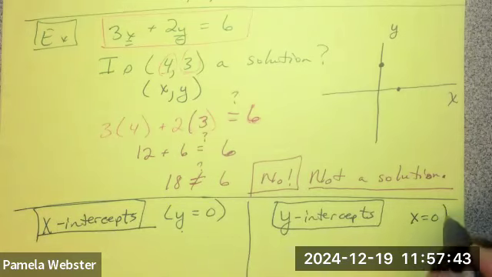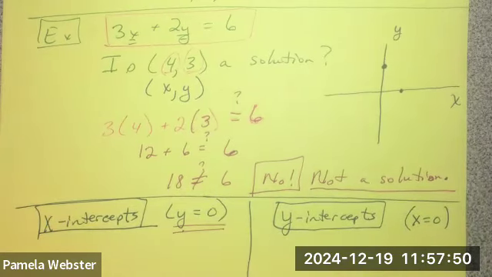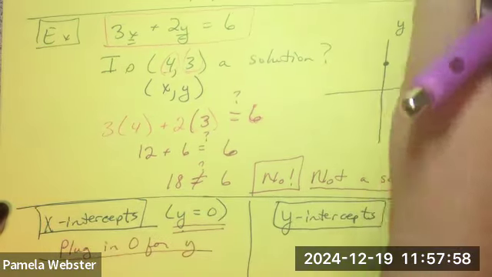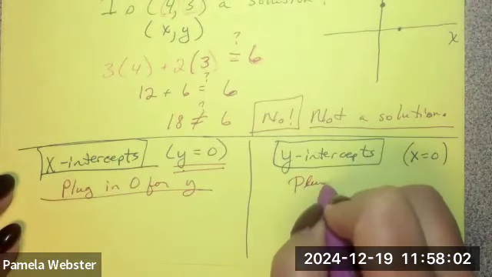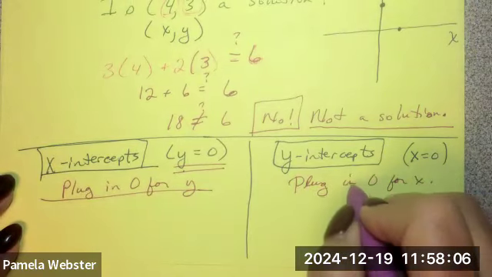That's where I'm crossing that point. So that's the way you find these things. When you want x-intercepts, you're going to plug in 0 for y. And whenever I want a y-intercept, I'm going to plug in 0 for x.